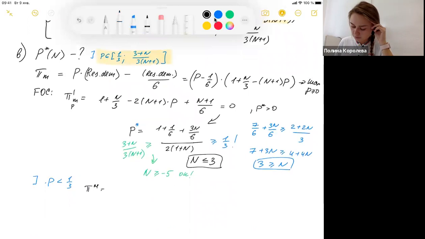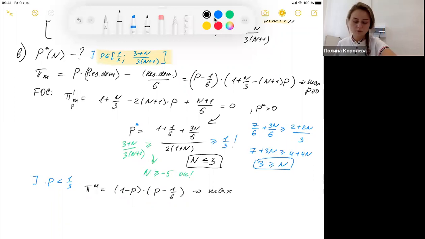Profit of monopolist for such demand will be (1 minus price) multiplied by (price minus 1/6). And this we should maximize by choosing price greater or equal than 0. So the first order condition will give us 1 minus 2 prices plus 1/6. And let's see.